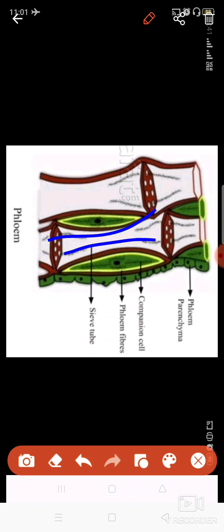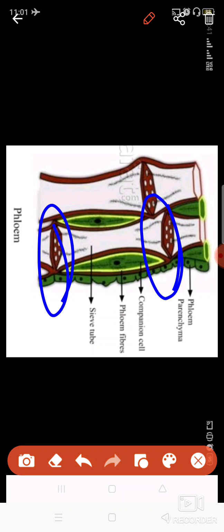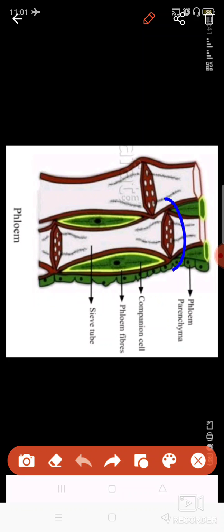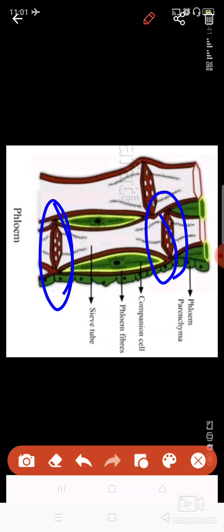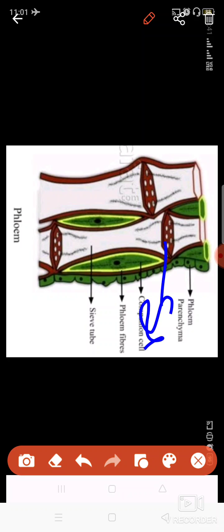These are the tubular kinds of the cells which you will see that their ends have some perforated, lid like structures present. These lid like structures are known as sieve plates.